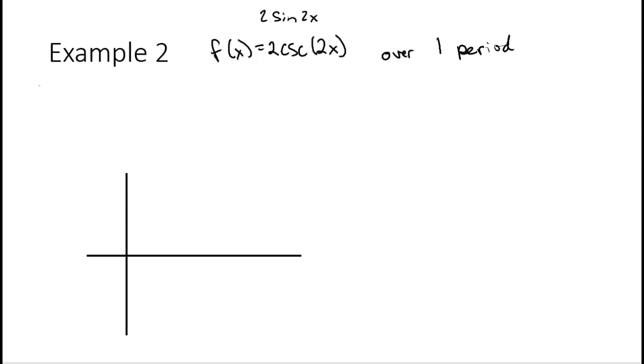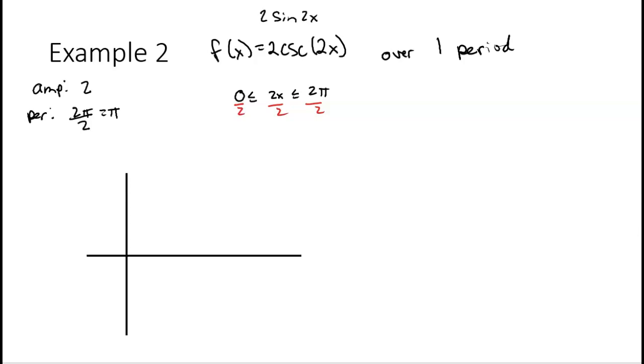For the amplitude, the a value, absolute value, it's still 2. My period is 2 pi divided by 2, which just gives me pi. So again, it's been horizontally shrunk. Okay. Again, I can set this up using my inequality. And then I'm going to divide by 2.